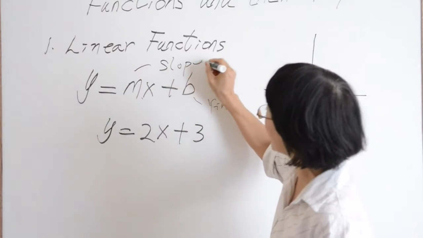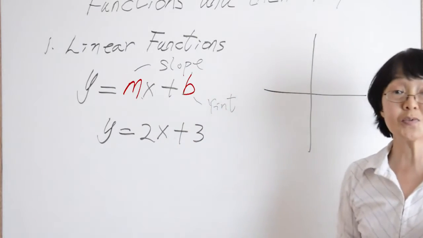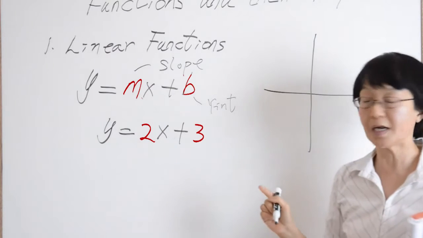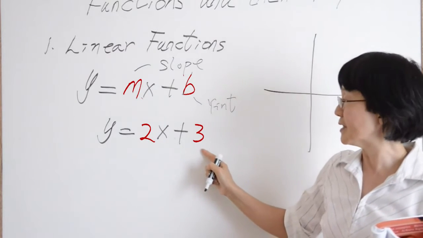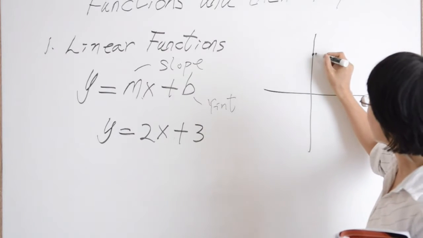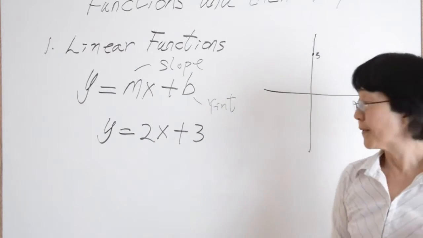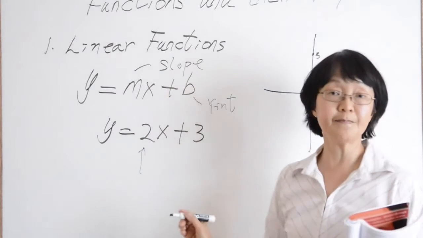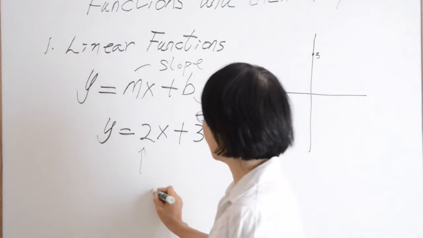This is pretty easy, right? So y = 2x + b, because this x is to the power 1, it makes a straight line. And 3 is the intercept. It means your line goes through 3 on the y-axis. And the slope, if it's a positive number, is slanted this way.